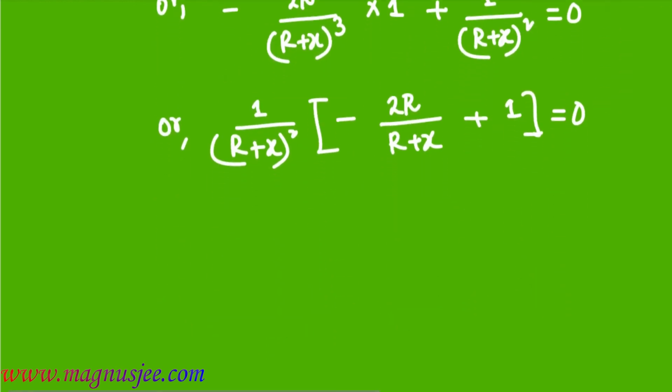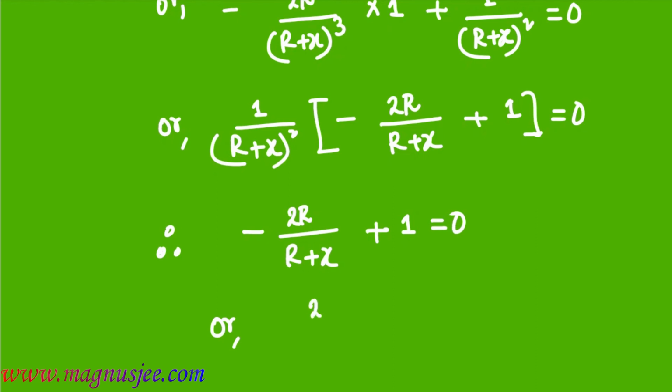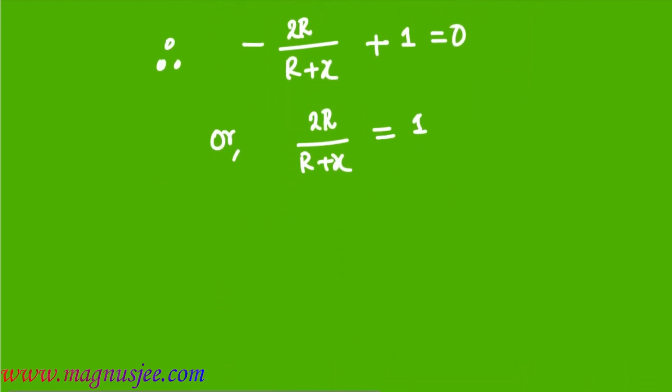Therefore, minus 2R divided by R plus X plus 1 equals 0, or 2R divided by R plus X equals 1, or 2R equals R plus X, R plus X equal to 2R.